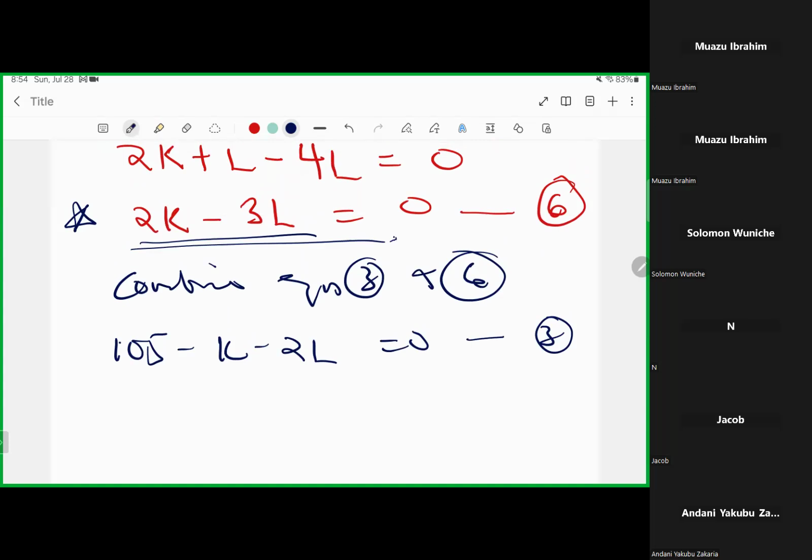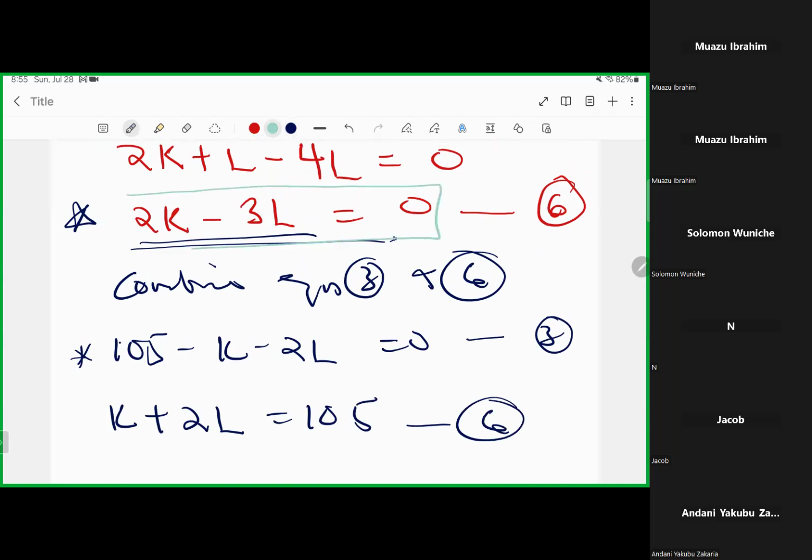If we want to use it to solve it, remember, this particular equation is the same thing as K plus 2L is equal to 105. This is the same thing as equation 3.